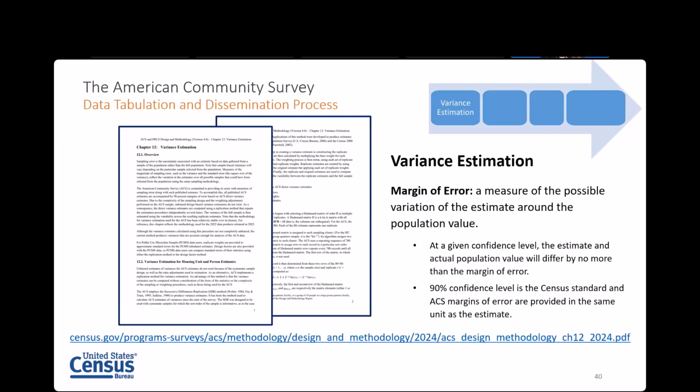Margins of error provide users with a measure of uncertainty for each estimate, which can inform how they use and interpret the estimate. The Census Bureau uses a 90% confidence level as its standard. ACS estimates published on data.census.gov have margins of error calculated at that 90% confidence level. If you would like to dive deeper into this, Chapter 12 of the Design and Methodology report is a great place to go.